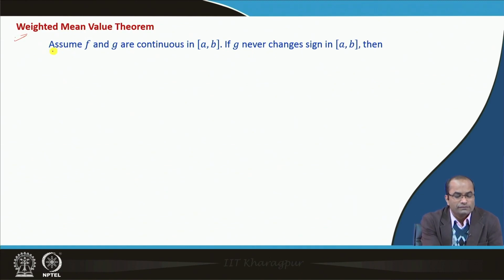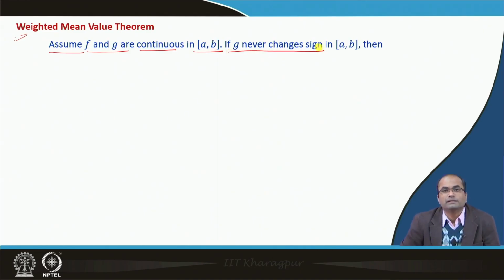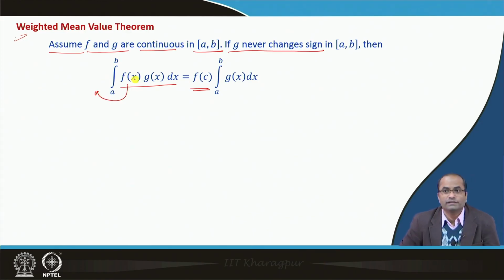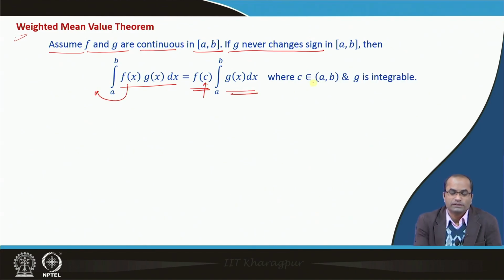Here we say that if f and g are continuous in this interval a b, and this g never changes sign in this interval, then this weighted mean value theorem says that the integral from a to b of f x g x dx will be equal to f c, the f we can bring outside the integral, and there will be a point c somewhere between a and b where we can have this equality, times the integral of g x dx, and obviously g must be integrable.